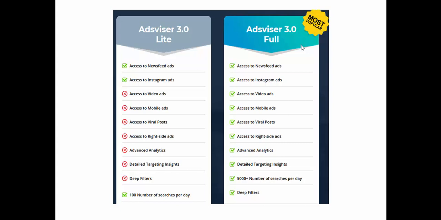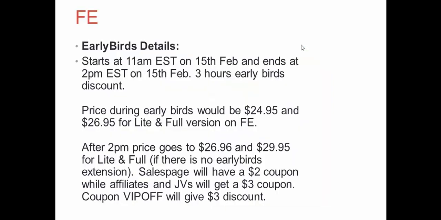So what's the difference in price? Well, you can see that it's $2, which is absolutely nothing. It's a one-off fee. There are no monthlies on this. Kickoff is at 11 a.m. Eastern Standard on the 15th of Feb.